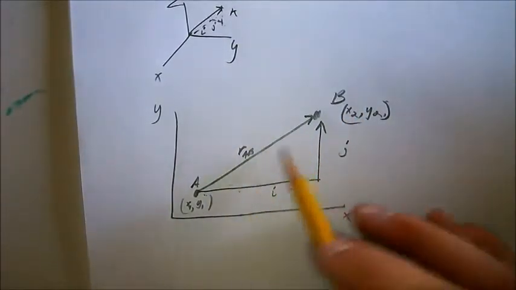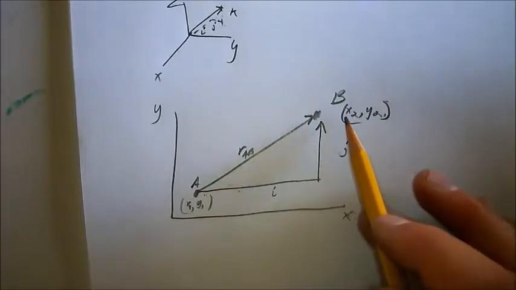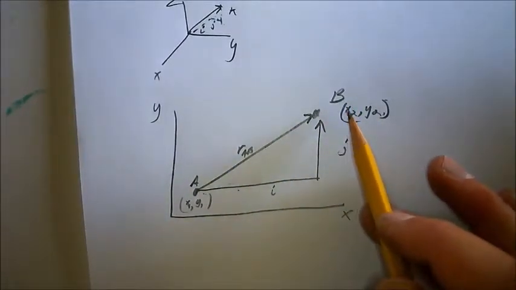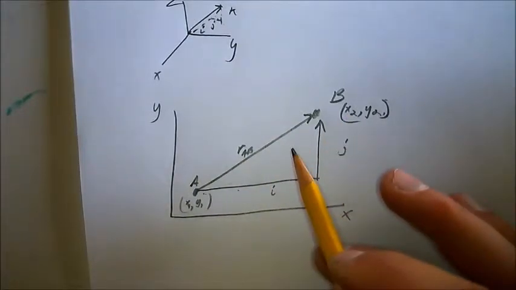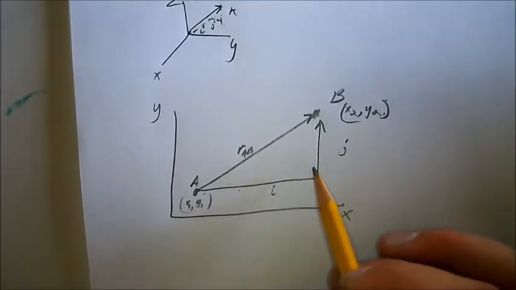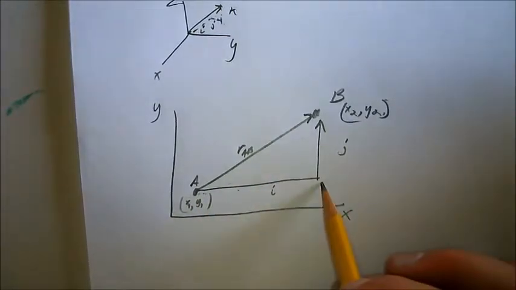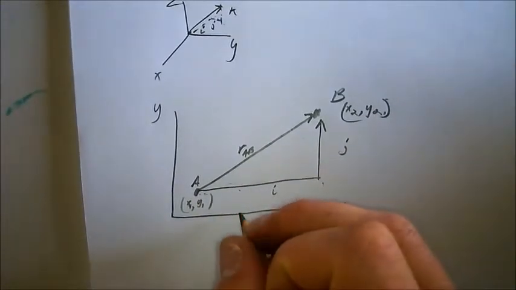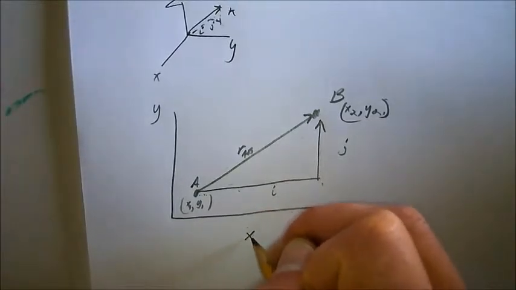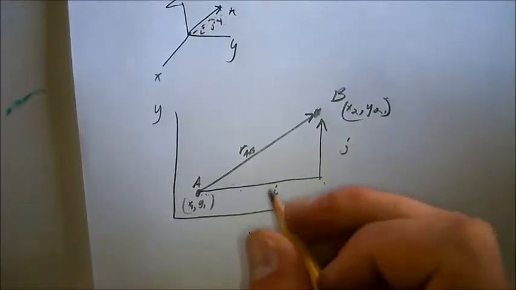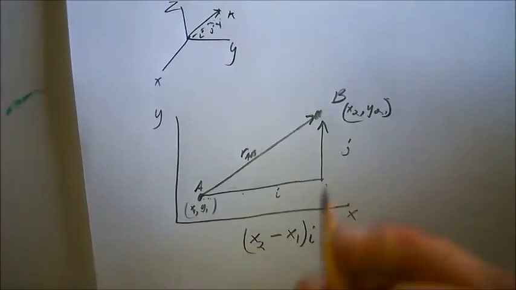But in order to find this length, well, yes, you could use the line formula of x2, y2 and get the slope and so on and so forth. But since we're working in triangles, this will be a little bit easier to think of this as components. So how long is this? Well, it's going to be x2 minus x1 in the i direction.